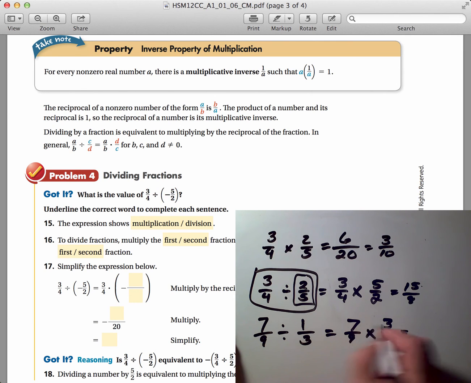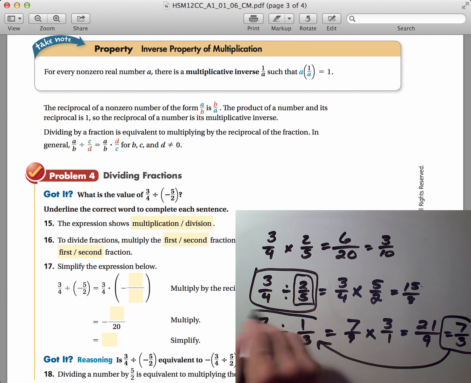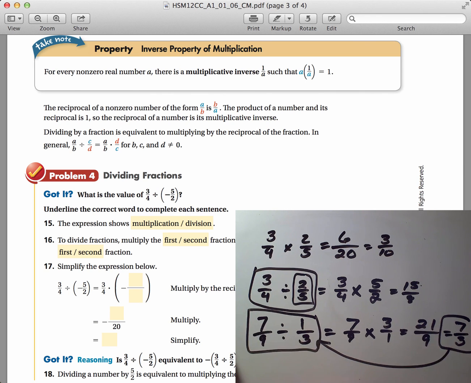Well, 7 times 3 is 21 over 9. Can we reduce this? Well, sure we can. We can take a 3 out of both of these, and this would equal 7/3. That right here is the result of this right here. Taking 7/9 divided by 1/3 equals 7/3.